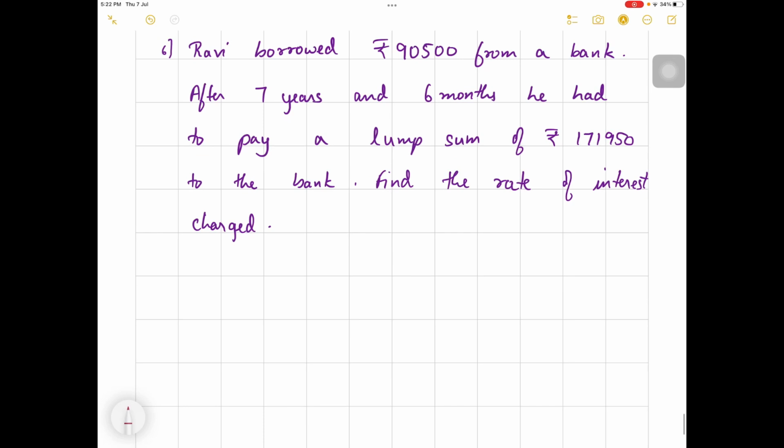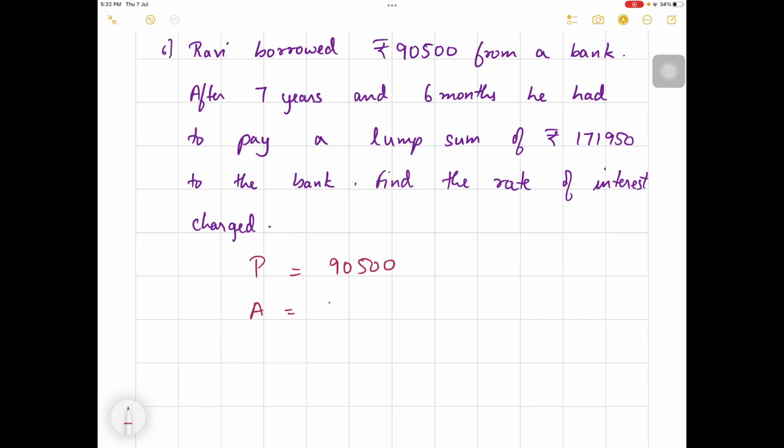Let's solve the next question. Ravi borrowed rupees 90,500 from a bank. After 7 years and 6 months, he had to pay a lump sum of rupees 171,950 to the bank. Find the rate of interest. So principal is given, 90,500.